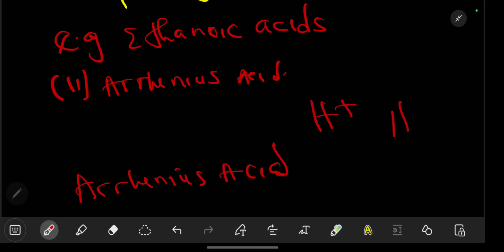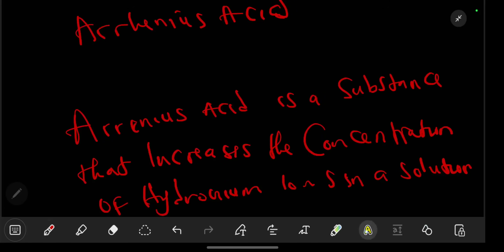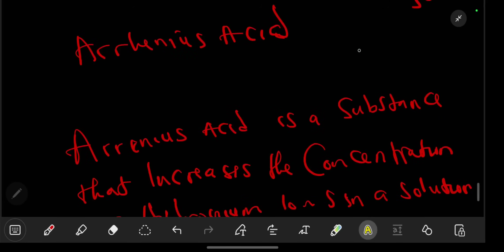Hydrogen in water will exist as an ion, which we call hydronium ion. So we define an Arrhenius acid as a substance that increases the concentration of hydronium ions. An Arrhenius base is a substance that increases the concentration of hydroxide ions in a solution. In case you are asked the other one, let's move on.